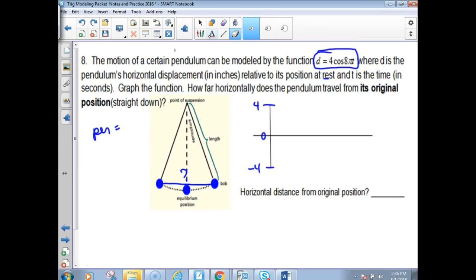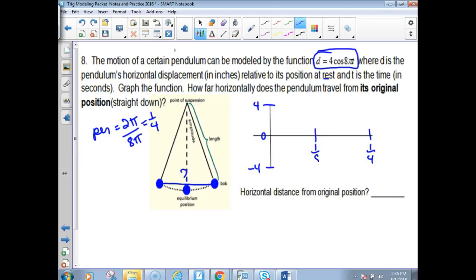No, I was doing that right, wasn't I? 2 pi divided by B. Okay, 8 pi. What is that? 1/4. Okay, 1/4. All right, so I go out to 1/4. That'll be 1 cycle. Half of that's 1/8. Half of that's 1/16. 3/16 is the third mark.